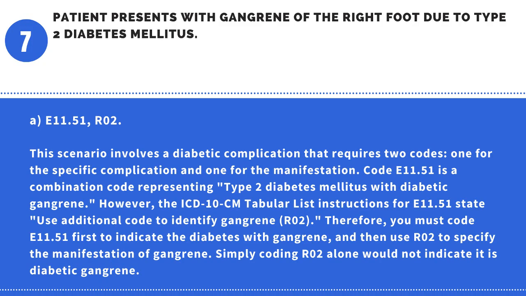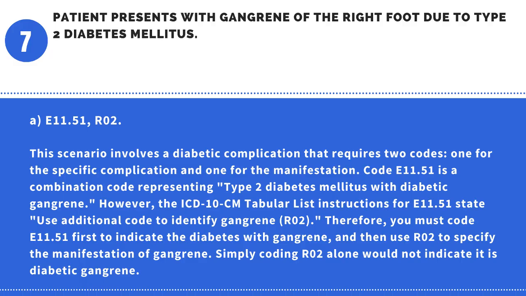Answer: A. E11.51, R02. This scenario involves a diabetic complication that requires two codes, one for the specific complication and one for the manifestation. Code E11.51 is a combination code representing type 2 diabetes mellitus with diabetic gangrene.